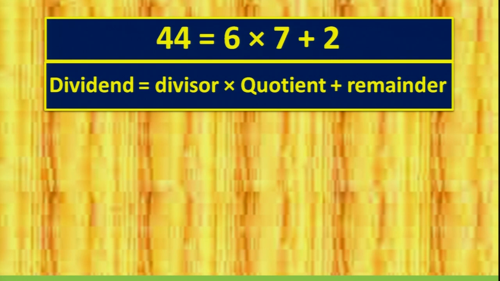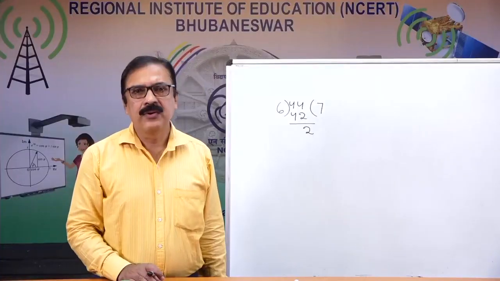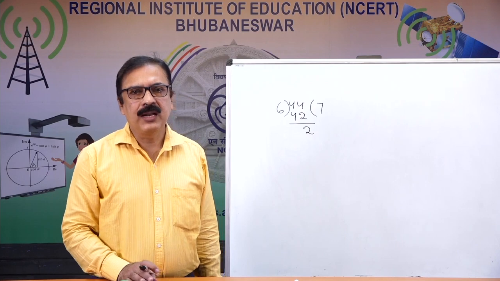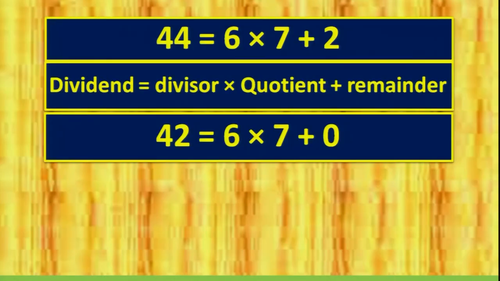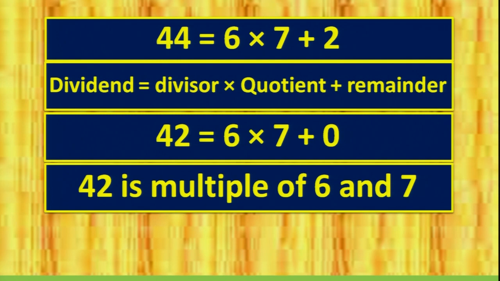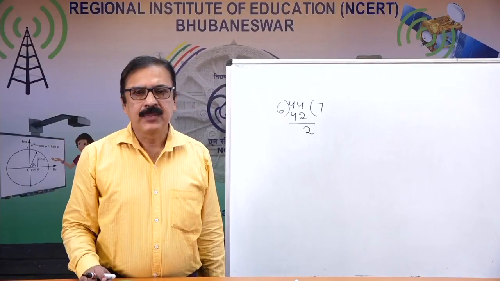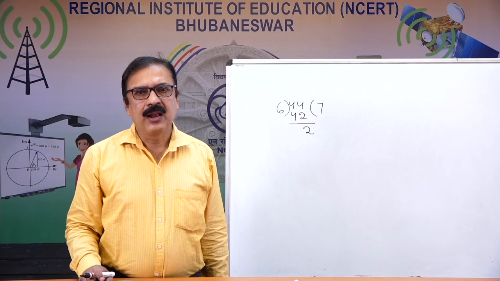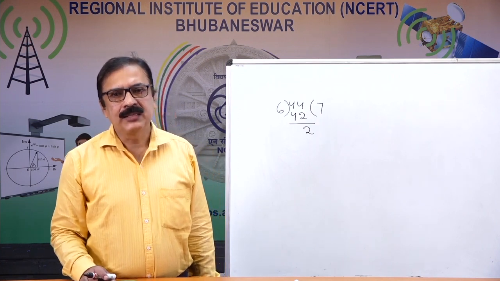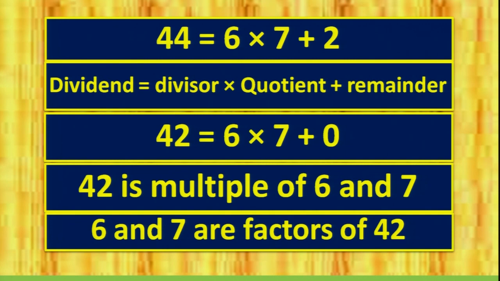If in place of 44 we take 42, then it becomes 6 into 7, where 6 is the divisor, 7 is the quotient and the remainder is 0. If the remainder is 0, then we say that 42 is a multiple of 6 and 7. So 6 and 7 are also called factors of 42.